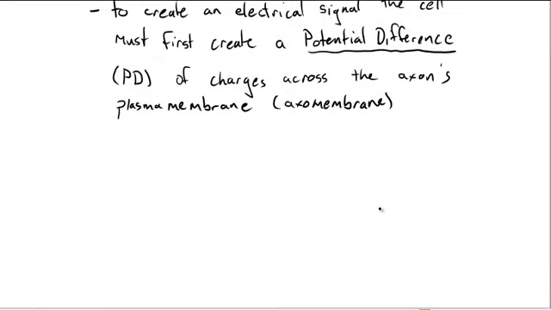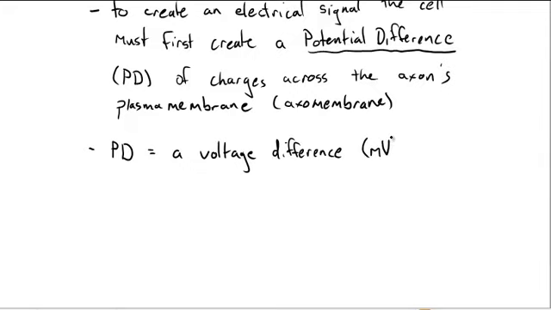So what is a potential difference? If you have some physics background, you'll find this a little easier, but if not, don't worry, we'll be able to understand it with a little practice. So potential difference is a voltage difference, which is measured in millivolts. So I'll put the little symbol here for millivolts, mV, across the membrane.